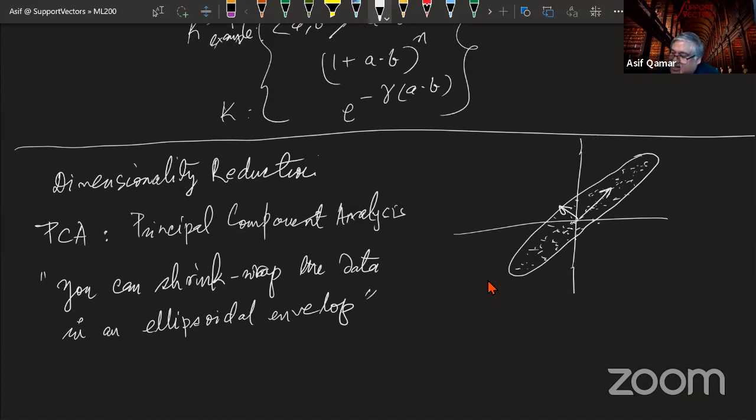Let me call these axes U1, U2, and put unit vectors along them. So you will have directions U1, U2, etc. And then you will have a certain amount of stretch along those axes.